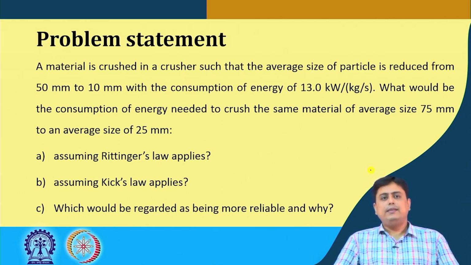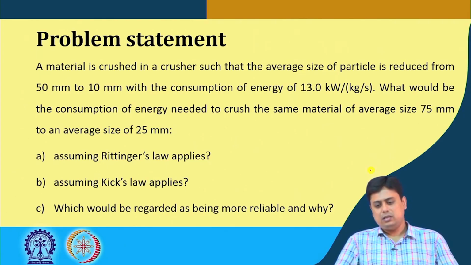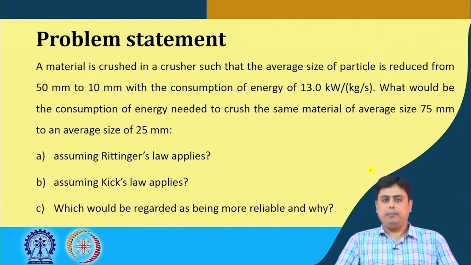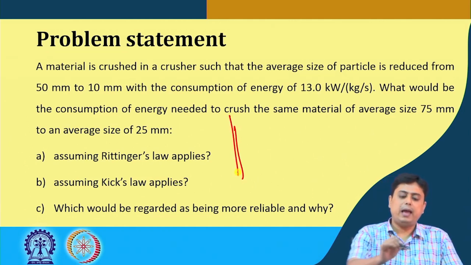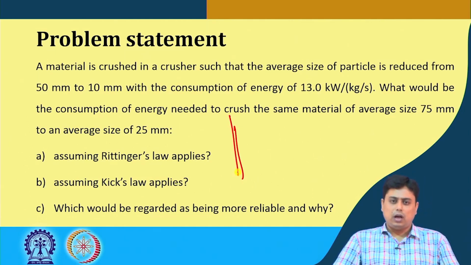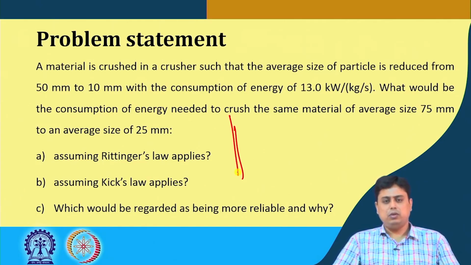What would be the energy needed to crush the same material of average size 75 millimeter to an average size of 25 millimeter, assuming Rittinger's law applies, and assuming Kick's law applies? So, we will see, for the same problem, what is the difference in the magnitude that these two laws provide.